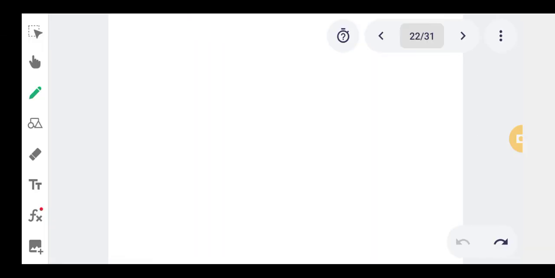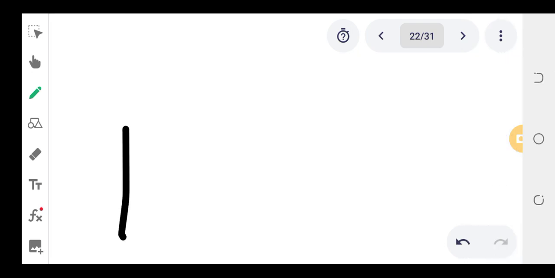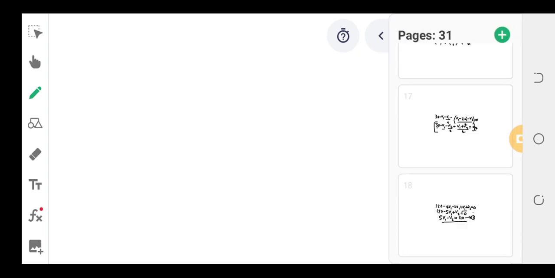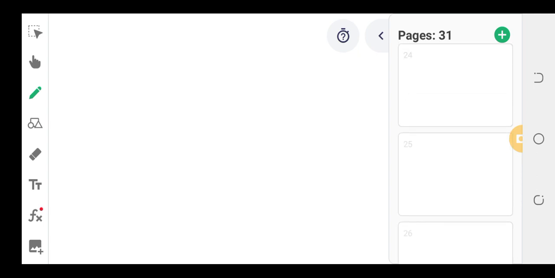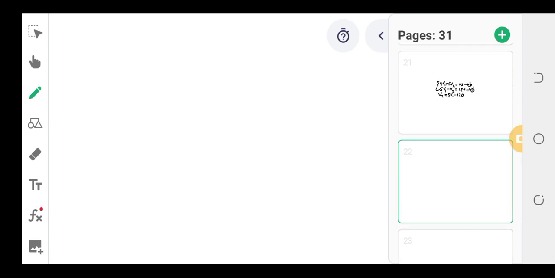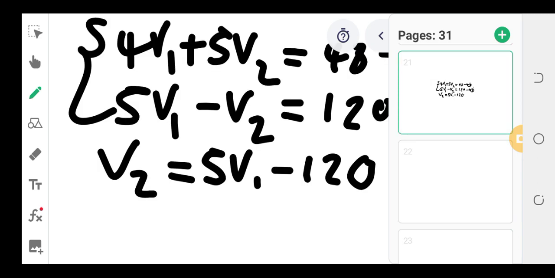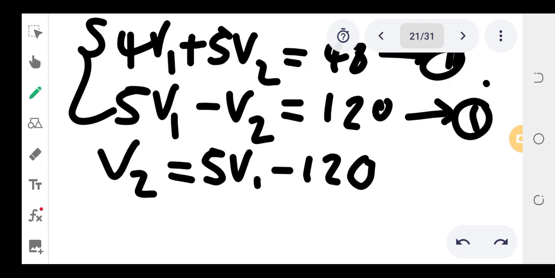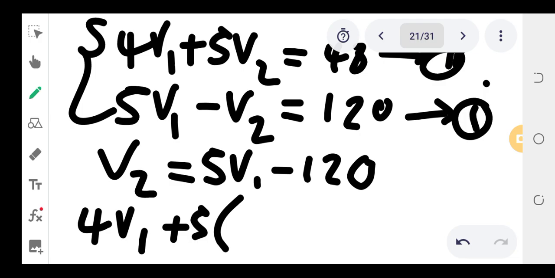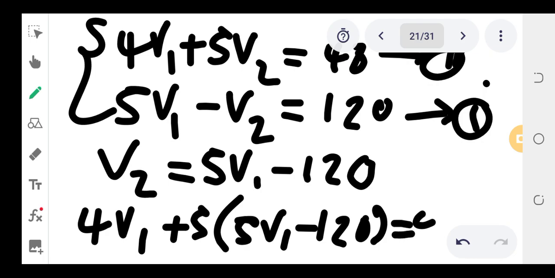So in this case, what are we getting? I start replacing V2, then we get 4V1 plus 5 times (5V1 minus 120) equals 48.